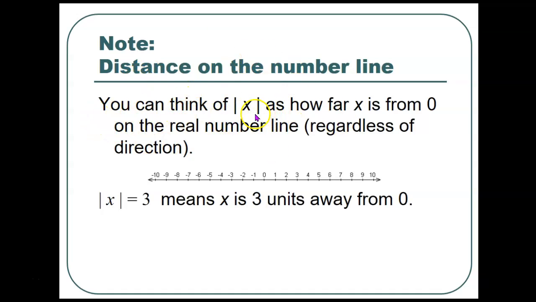You can think of the absolute value of a number as how far that number is away from 0 on the real number line without specifying which direction it is from 0. So the absolute value of x equals 3 means that x is a number that's 3 units away from 0. It might be 3 units to the right, or it might be 3 units to the left, but it's 3 units away in one direction or the other. So that means it could be 3, or it could be negative 3.